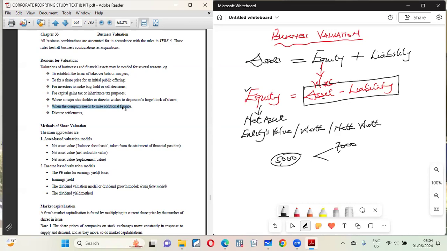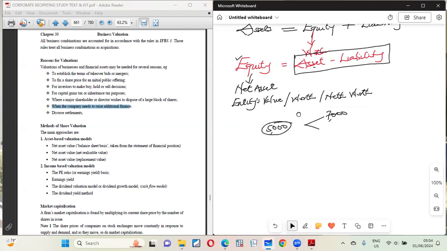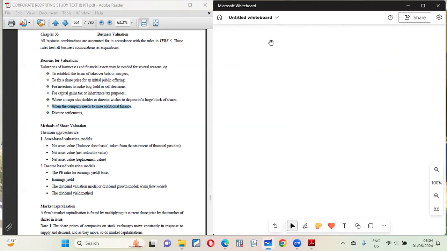Now, these are theoretical aspects of it, but my major focus will be on the methodologies of valuing. All right. So if we want to value a business, there are three major methods under the one umbrella of valuing a business. So let's look at the methods of valuation.